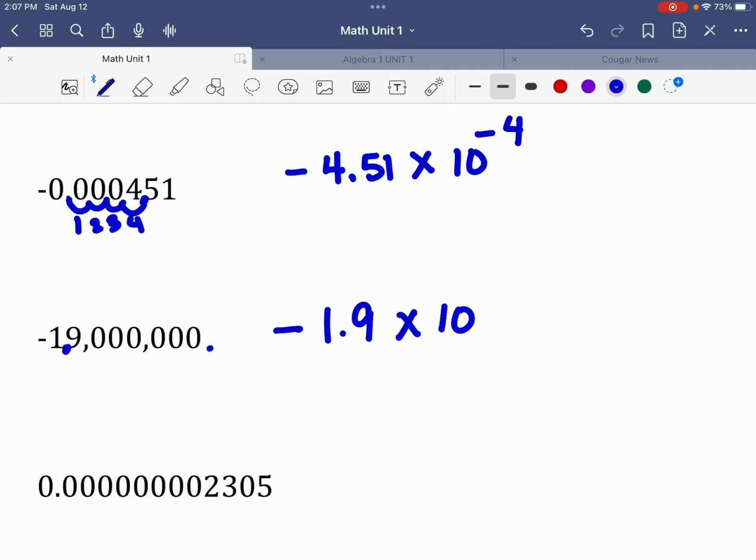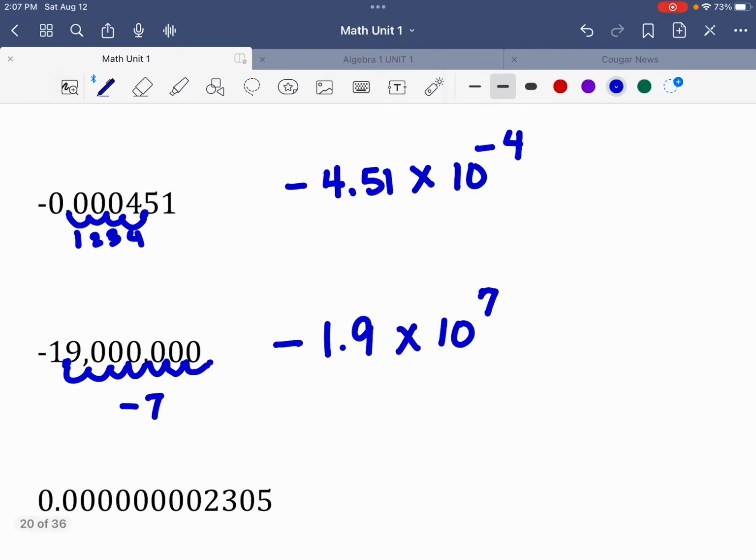And let's see, how many places did we move the decimal? 1, 2, 3, 4, 5, 6, 7 places. So we moved it backwards 7 places, so my exponent is going to be positive 7. So negative 1.9 times 10 to the positive 7 power.